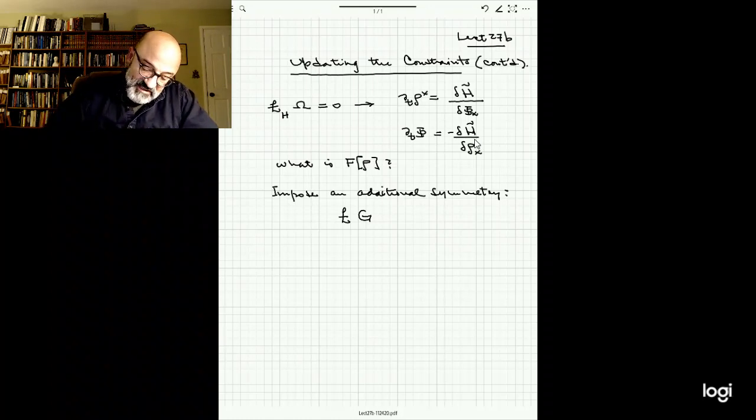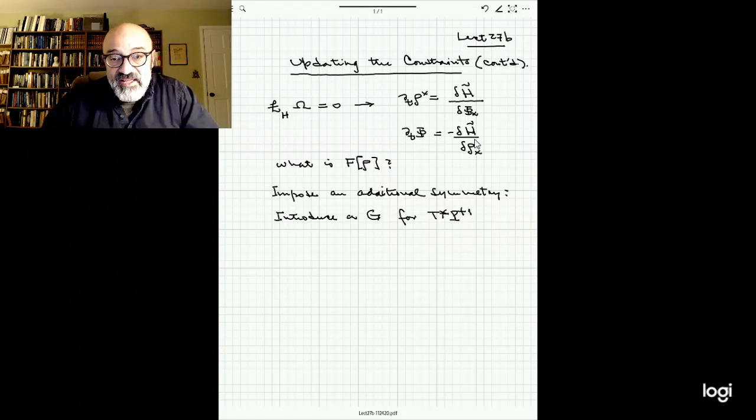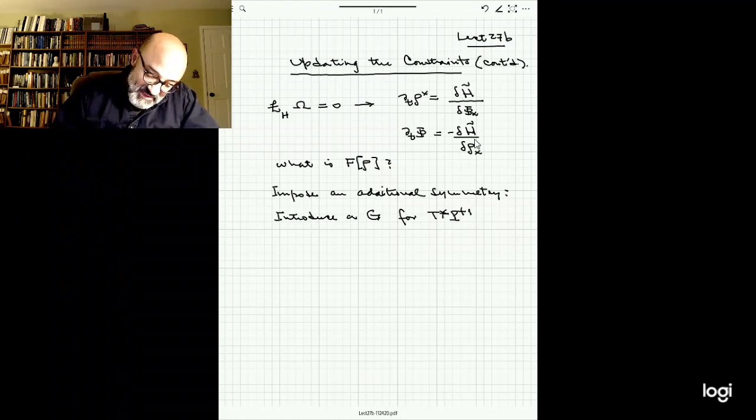So introduce a metric tensor G for the embedding cotangent bundle, for the embedding space, and then impose that whatever flows you're going to consider, we want to know about those flows that preserve the metric tensor.